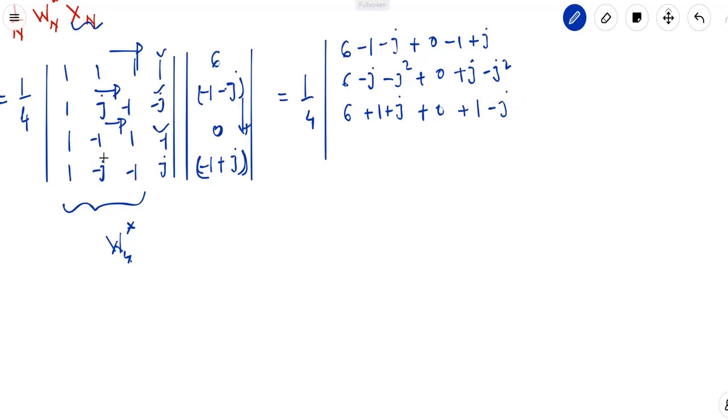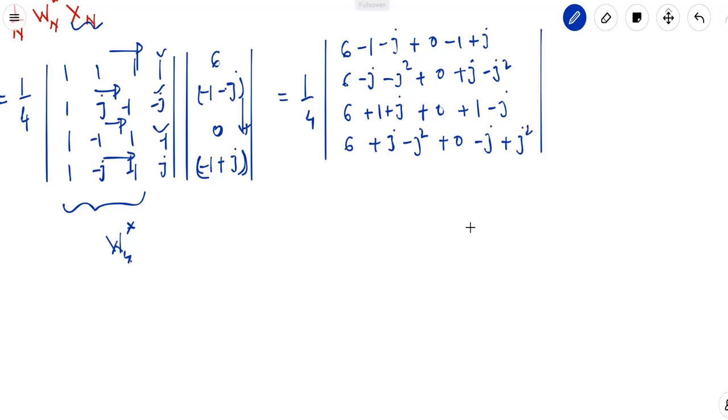Okay, the last row and the same column. So this becomes 6, plus j minus j square plus 0. The last value is minus j plus j square. Okay, so these are the values we have got.